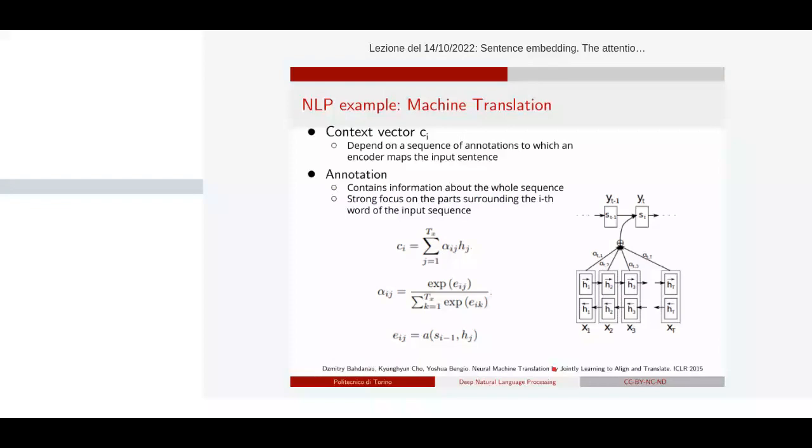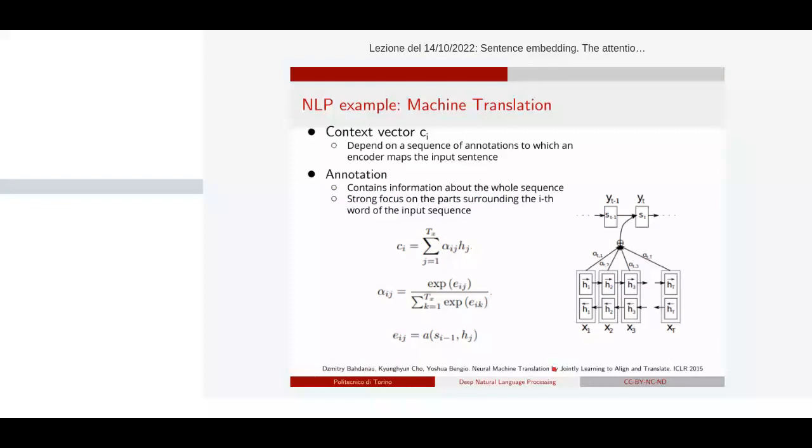And the annotations are actually not human annotation, but are computed by the network using this attention score. These are the attention scores, which contain information not about a single local context, but about the whole sequence.